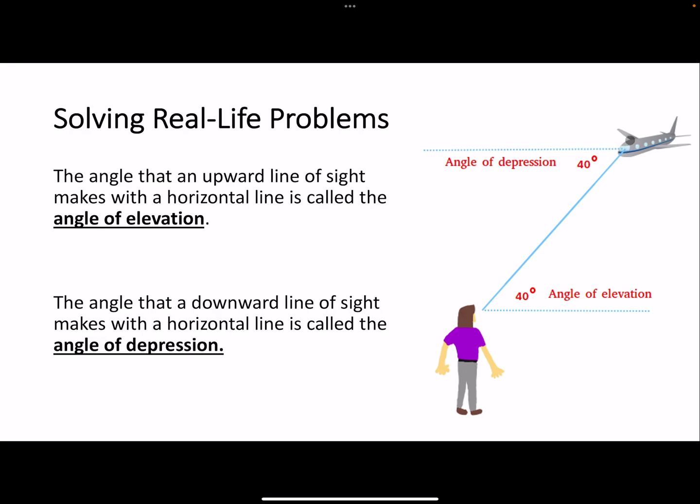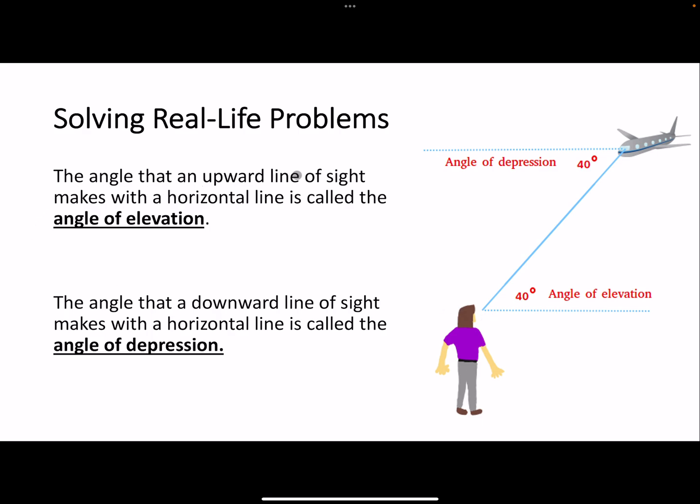Now, if this plane decides to tilt and start flying downwards, it's going to create an angle of depression because it was originally going straight, and then it decided, you know what, it's time to land, so I have to start going downwards. It creates an angle of depression, okay, because it's caused by the eye level and now the plane going downwards. It's caused by the plane's depression. It's going down.